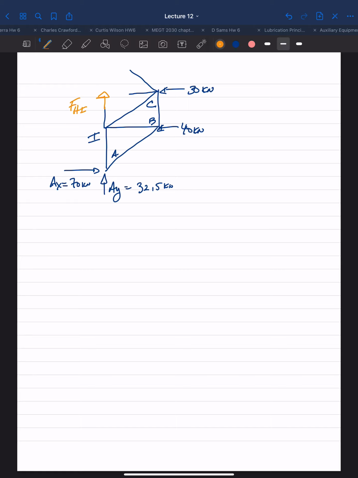You have your force in member HC. And you have your force in your member DC. The three unknown forces where we cut through. So that we cut it, we'll do the three members in question. So now doing our method of sections work.